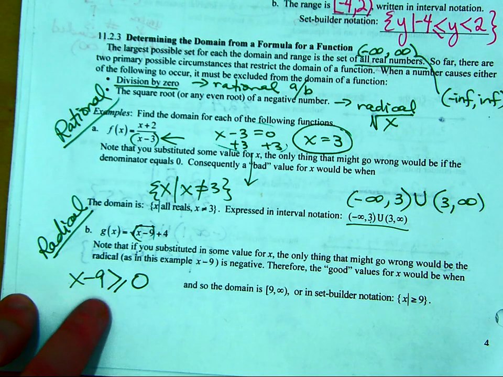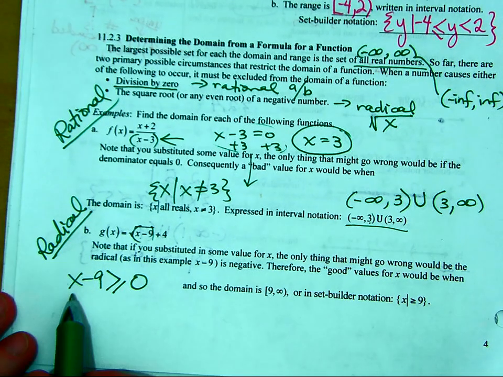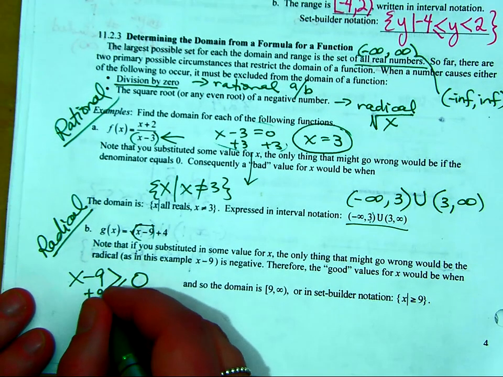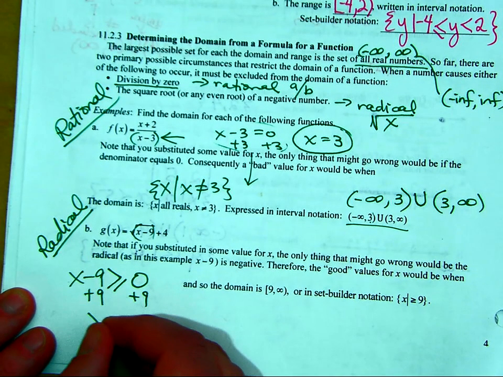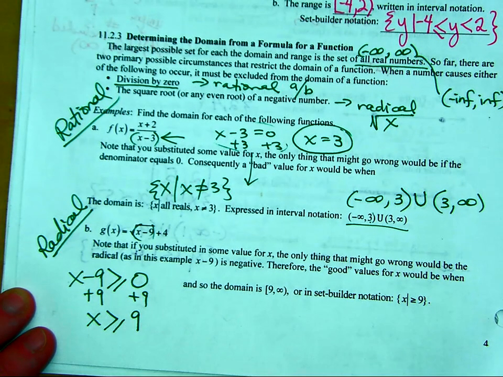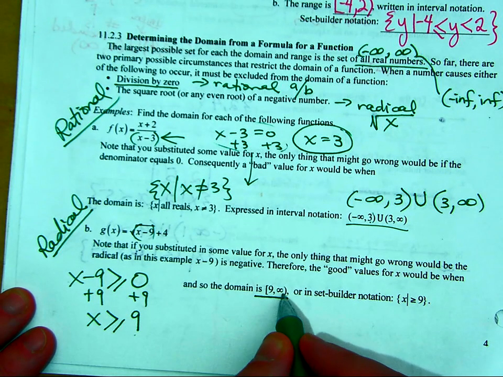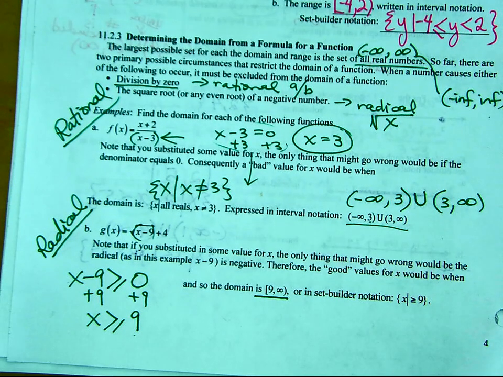So how could we solve that inequality for x? What numbers are going to make under the radical be bigger than 0? Any thoughts? 10 would be good. And actually, if we add 9, x should be greater than or equal to 9. That's our domain. So the domain is 9 to infinity, and you just included the number 10.